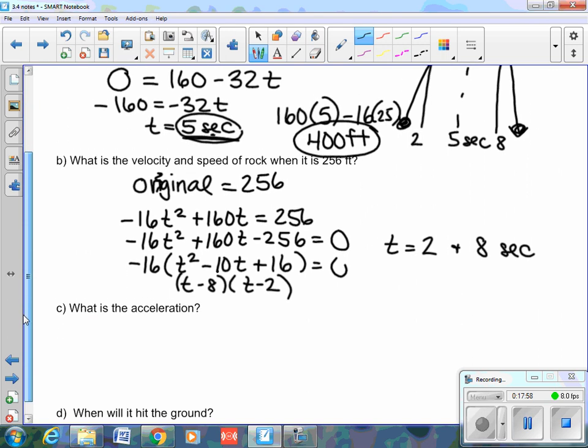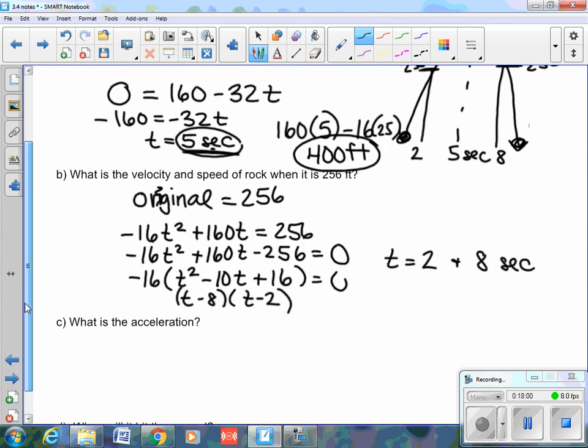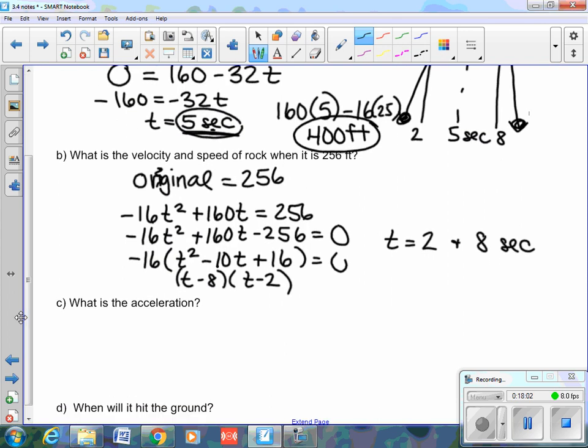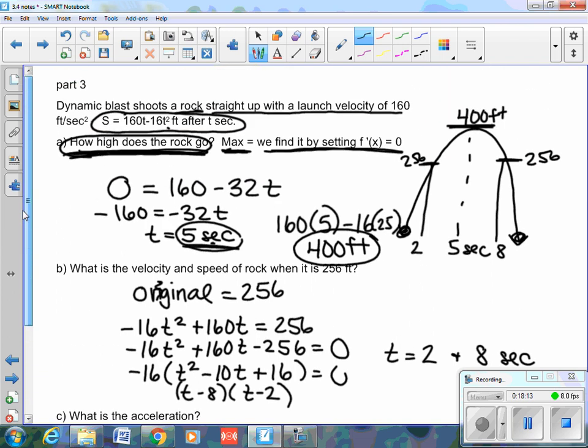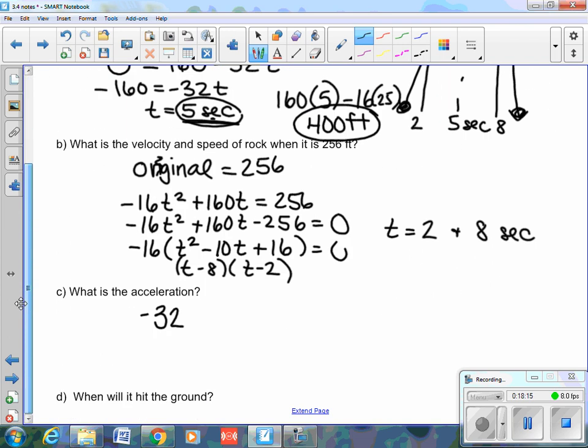You just take the double derivative. Here's the derivative, the 160 drops off, and you get negative 32 feet per second squared.